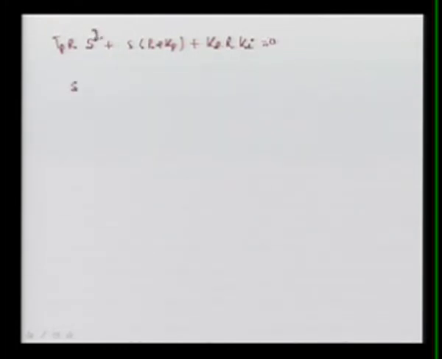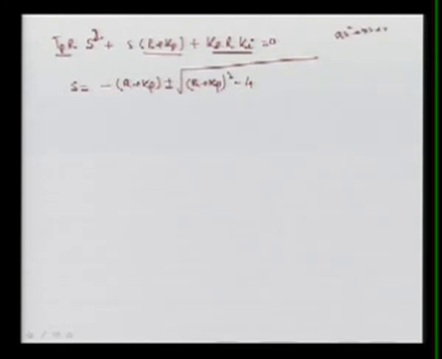So S will be minus R plus Kp plus or minus the square root of R plus Kp square minus 4AC. Here 4AC means 4 times A, B and C. We know that if AS square plus BS plus C is equal to 0, then we can write S as minus B plus or minus the square root of B square minus 4AC, divided by 2A.